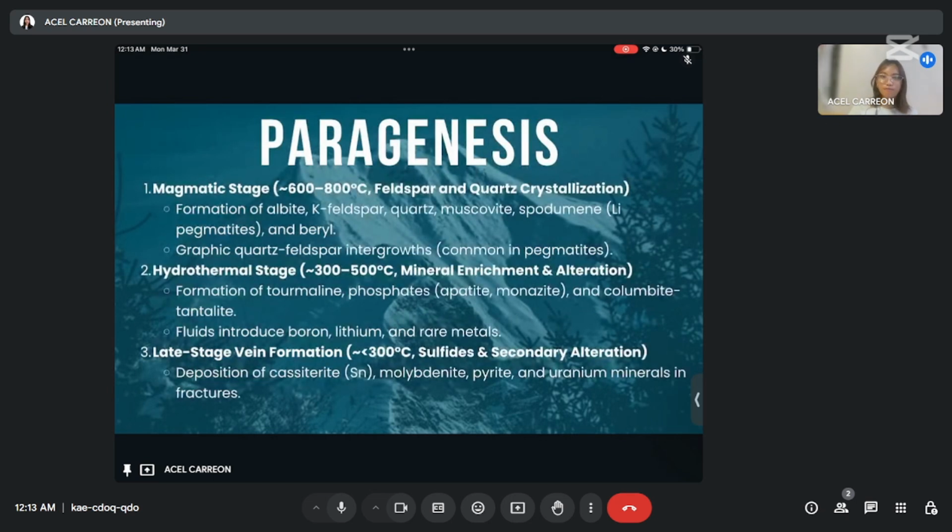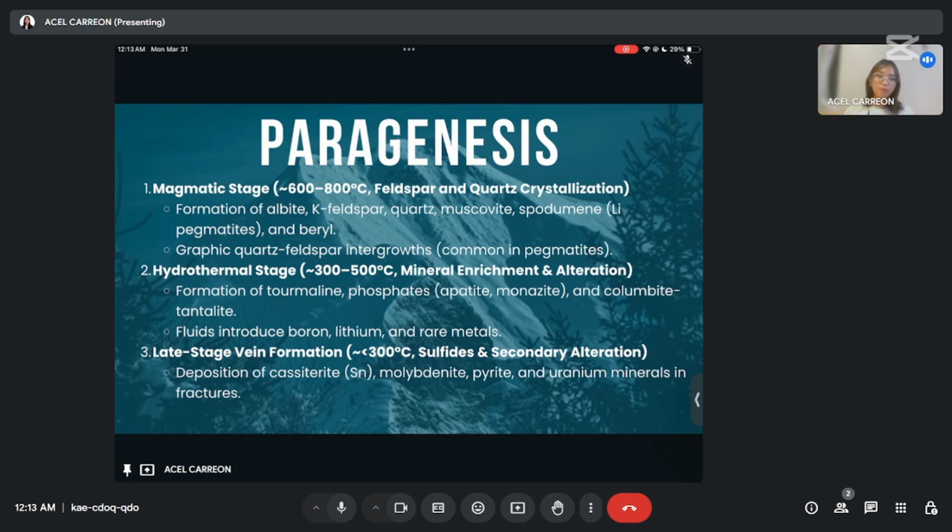For the stages of paragenesis, we have the magmatic, hydrothermal, and late-stage vein formation. The magmatic stage occurs at approximately 600 to 800 degrees Celsius, where the crystallization of feldspar and quartz occurs. The hydrothermal stage occurs at approximately 300 to 500 degrees Celsius, where alteration and mineral enrichment occur, and the fluids introduce boron, lithium, and rare metals.